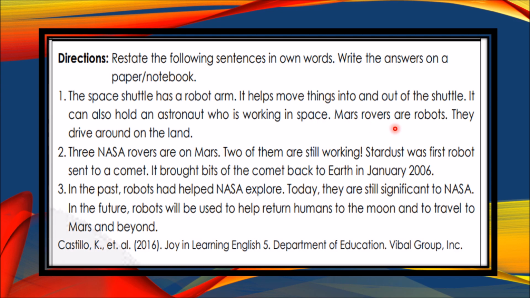Mars rovers are robots. They drive around on the land. So, you have to restate this one. Then number 2: NASA rovers are on Mars. Two of them are still working. Stardust was the first robot sent to a comet.